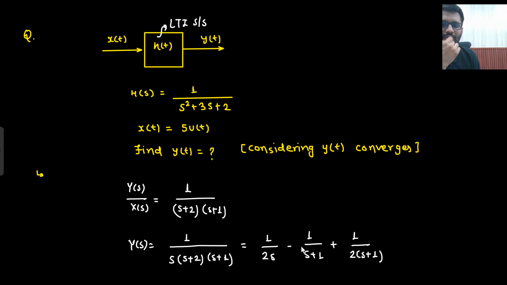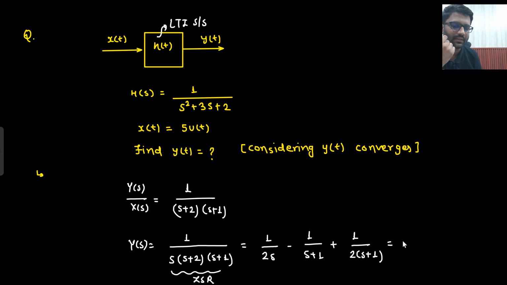So what would be your y(t)? Is there any initial condition? This is completely your zero state response. In y(t), are you getting any initial condition or anything? No, so this is completely zero state response. Zero input response is not even there.